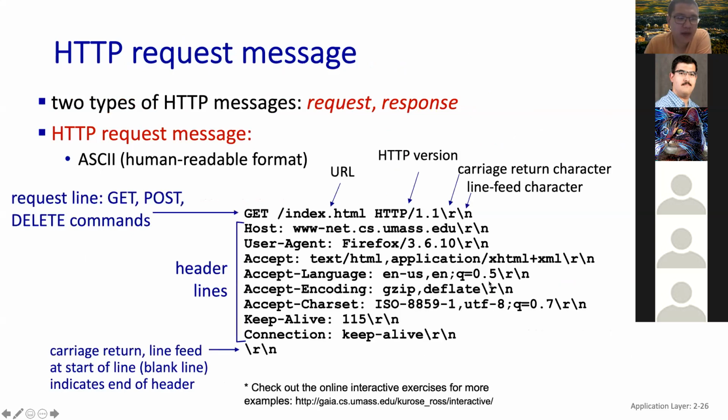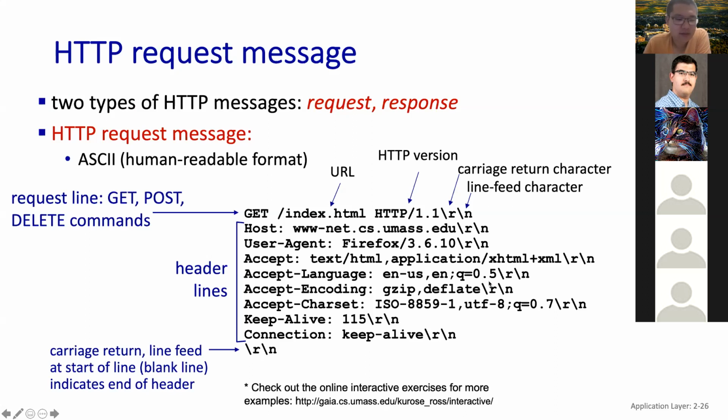And after that, we talked about what is included in the HTTP request message, right? We have the request line for different operations or commands, right? Get, post, delete, and other commands. And also we have the header lines here, including the host and other information for the language and encoding, right?